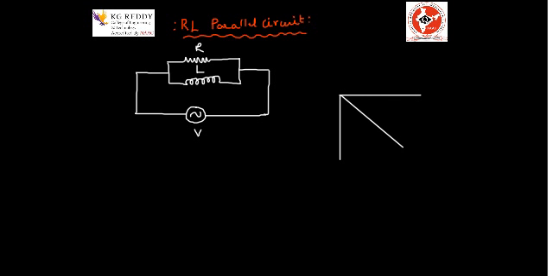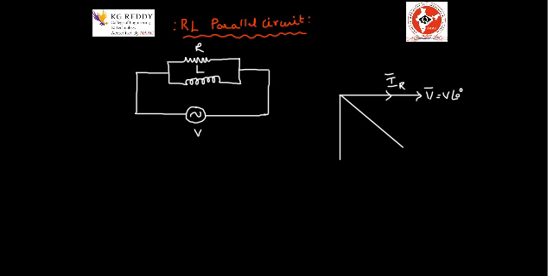Now I will take V as the reference vector. This is my V bar, this is V at an angle 0 degrees, and when resistance is there, current and voltage are in phase with each other. This is my IR bar.